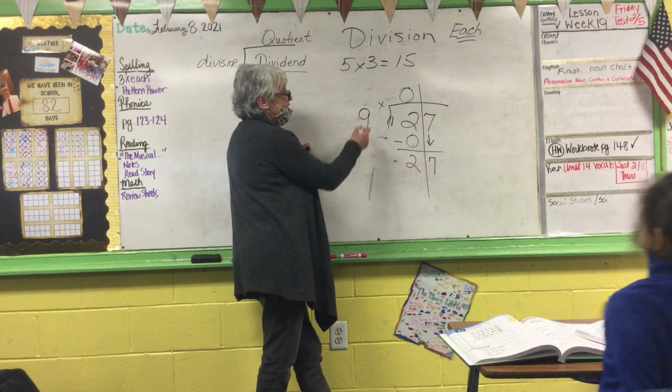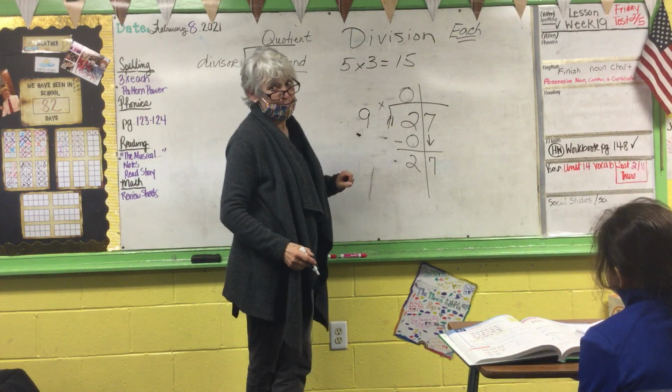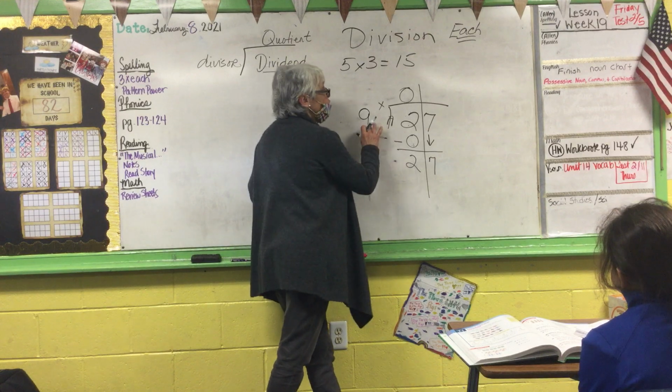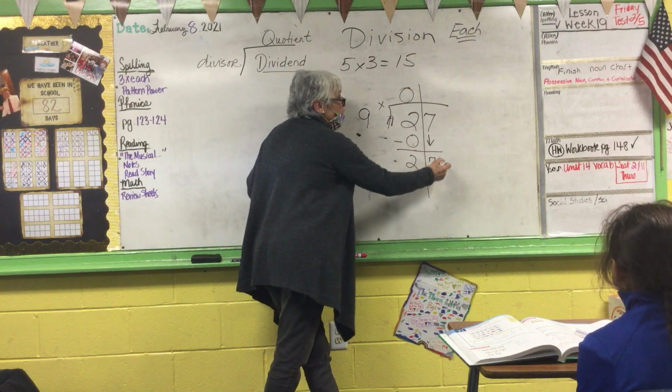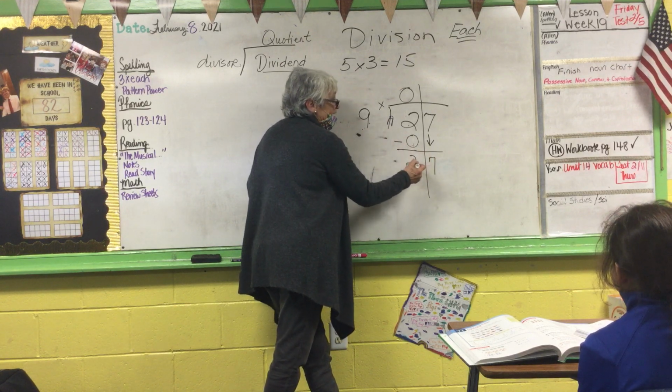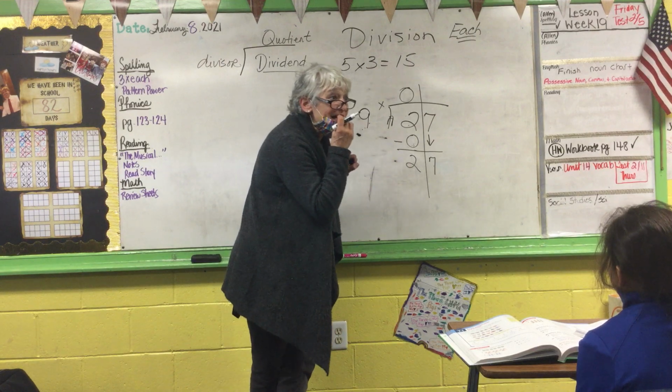Now we get to take the divisor. We've already said he's not going into the 2. Now, do we say 9 into 7? No. Here, we do the whole number. 9 into the 27. 9 times what gives you 27? 3.